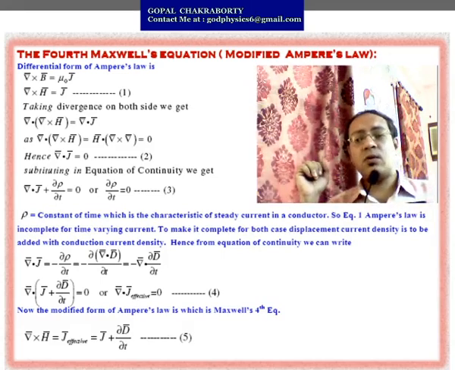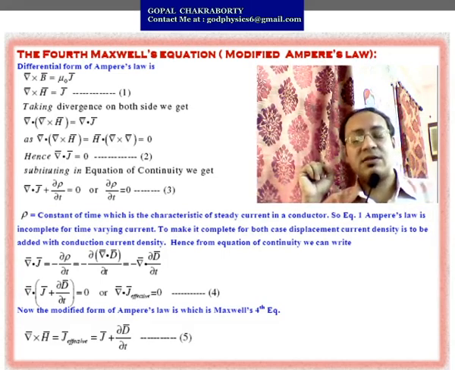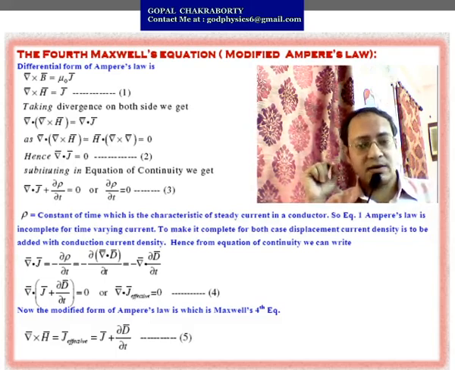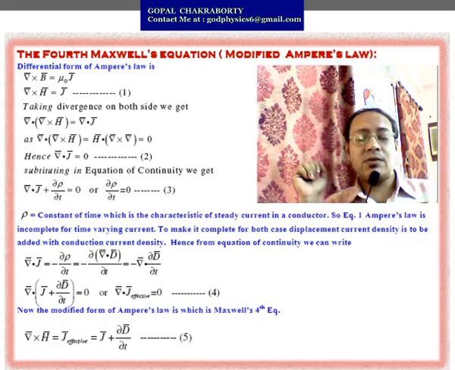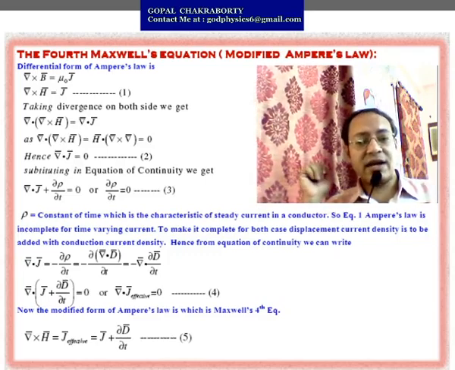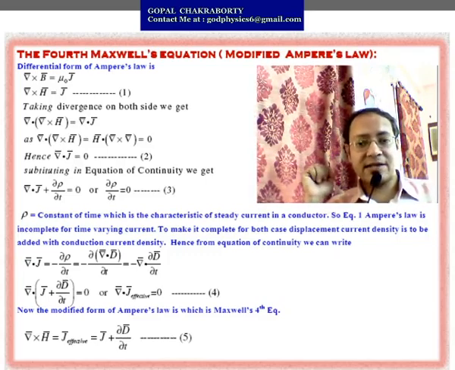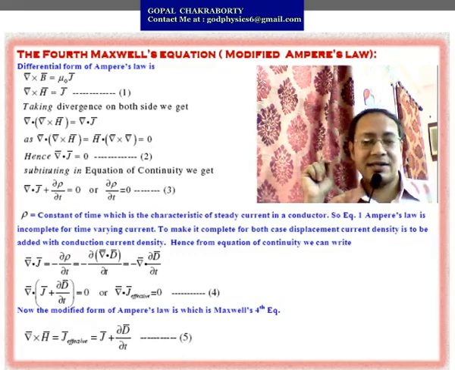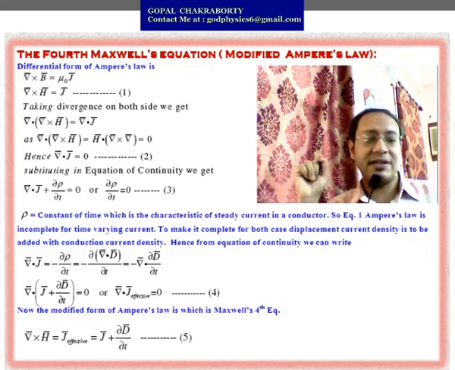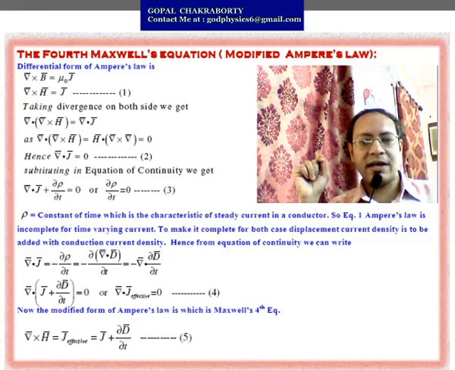As we know, the fourth Maxwell's equation is del cross H equals J plus del D del t. J is the conduction current density, which has the value sigma E, and del D del t is the displacement current density. D equals epsilon naught E, so that value will be epsilon naught del E del t.